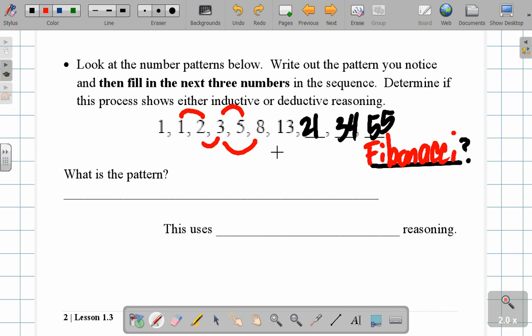Good. Now, how many teams voted for inductive? How many teams voted for deductive? Did anybody vote for both? Do you have a serious argument? Okay, remember, say discover truth. The process of discovering the aha, I get it, that's inductive.